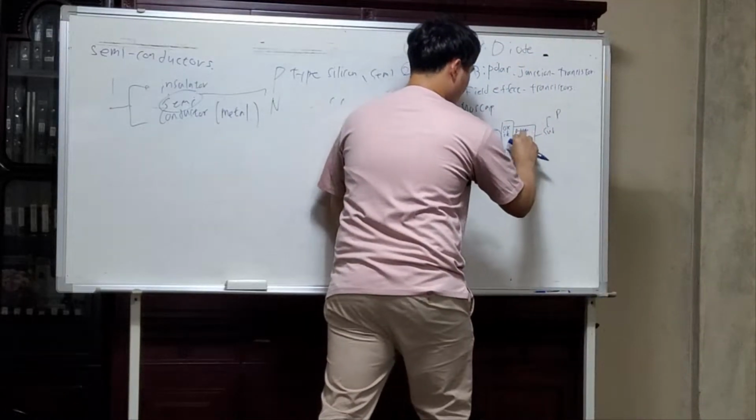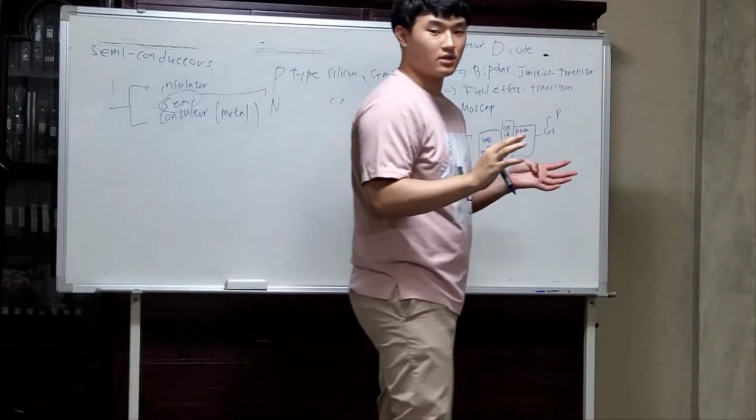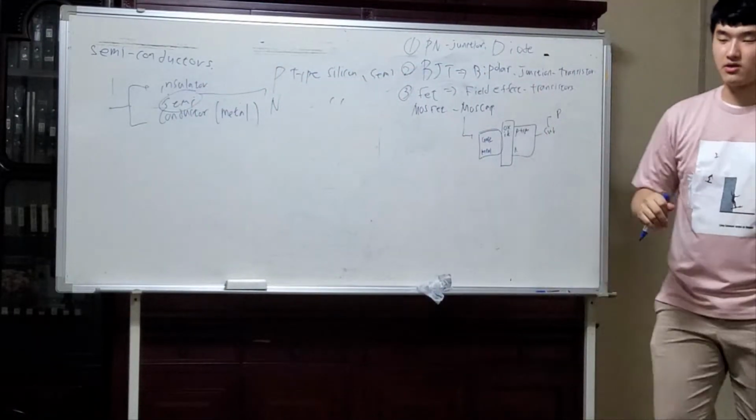It means the silicon is doped with lots of holes, not electrons. So P-type silicon is working as a substrate.